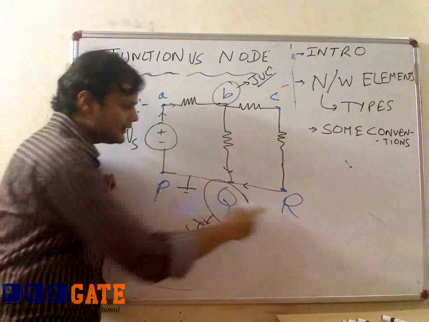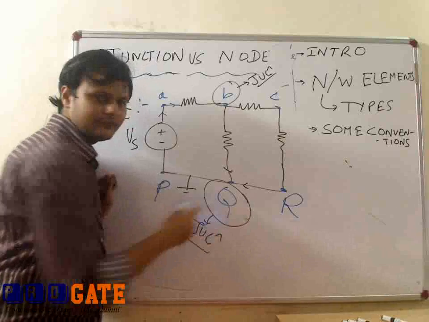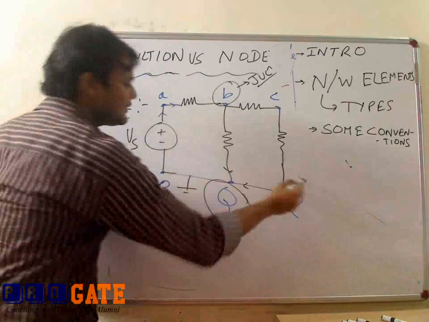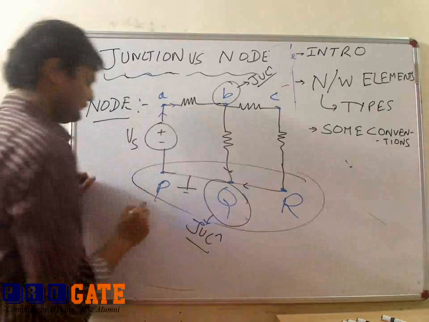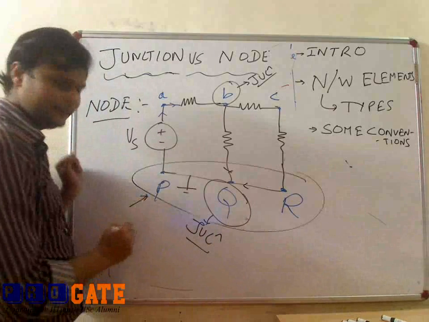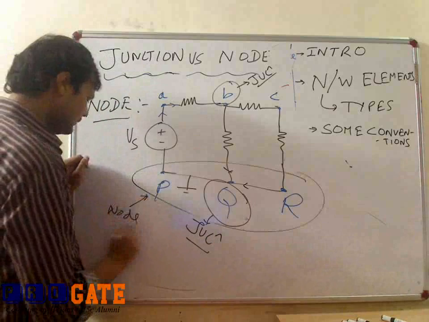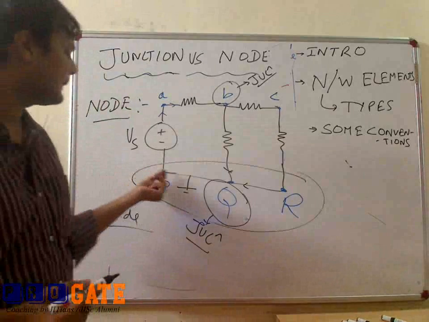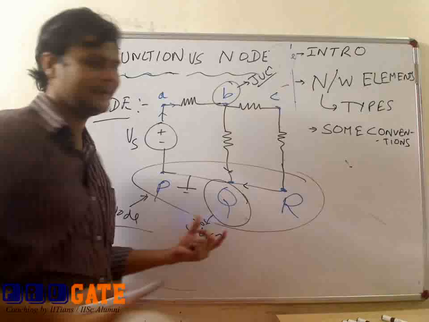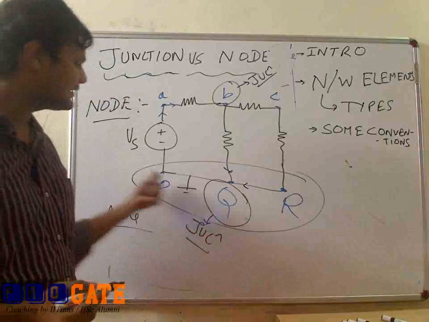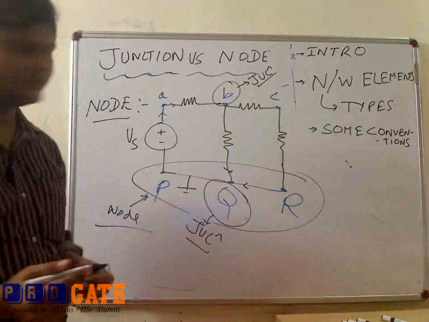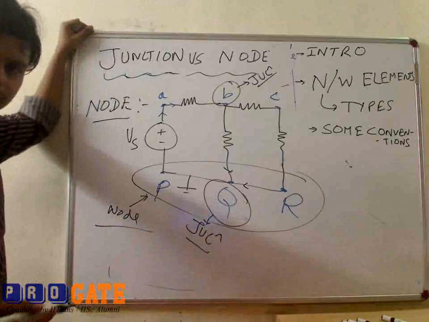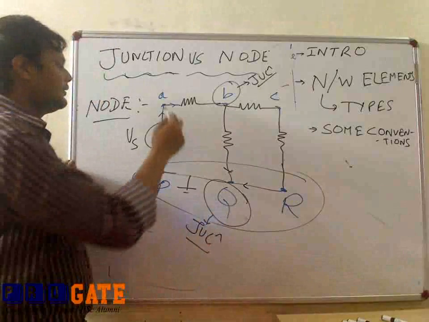But what about Q and R? This whole is a single node. Why? Because this has the same potential. All are simply connected by wire. This has the same potential, which is 0 volt. And what about A?